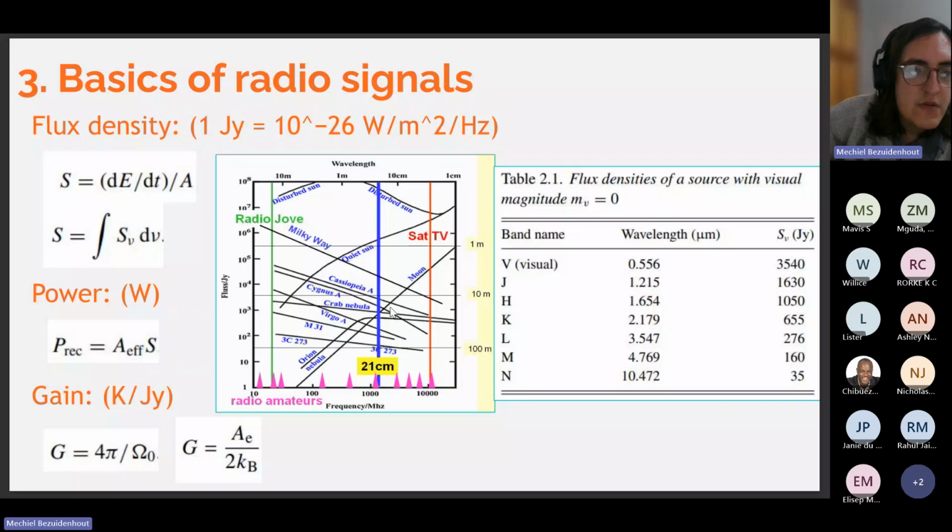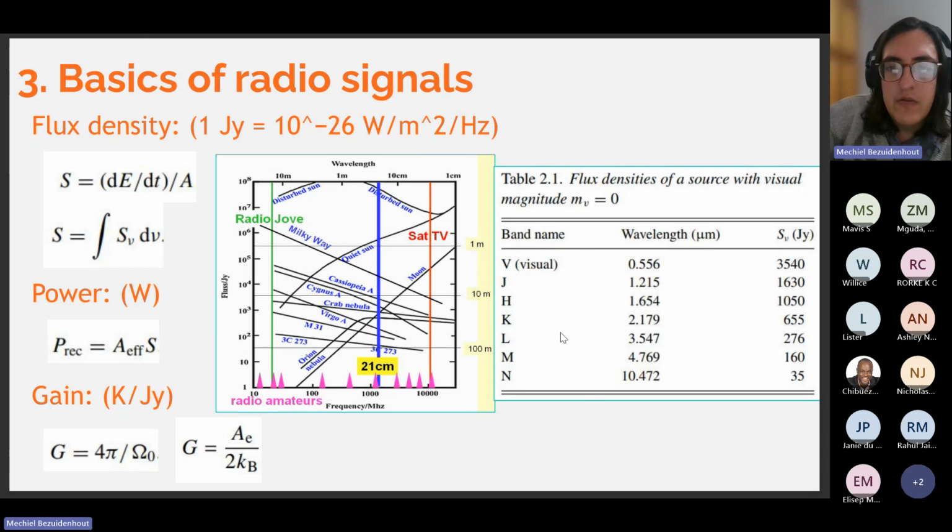Meanwhile, pulsars tend to have a flux of about a Jansky to maybe a few tens of Janskys. Oftentimes, fluxes are quoted in terms of flux density, so that's the flux divided by unit frequency. In fact, the Jansky is a measure of flux density, not flux. Sorry about that.